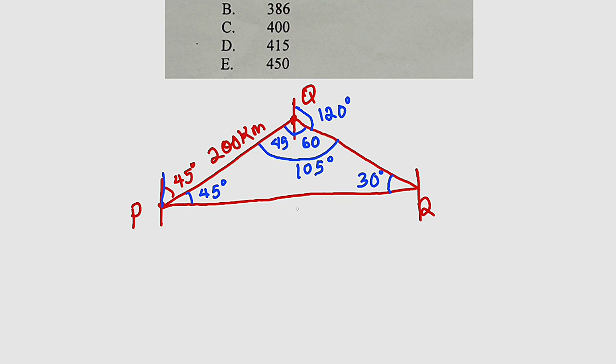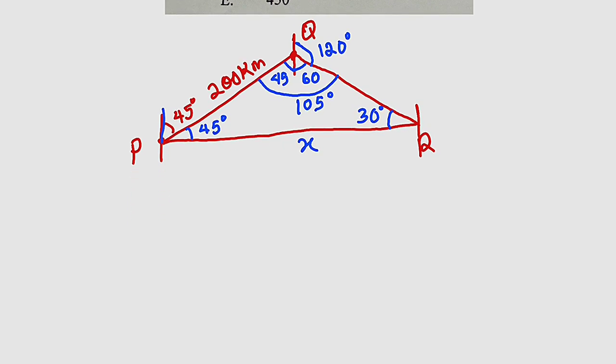All right, we need to find this side length. Let me call it X. By using the sine rule, we have X, that is the side we are looking for, divided by the sine of the angle opposite to it, which is 105. Then this must be equal to, since we have this side length, we can use it, 200 divided by sine of 30. And from here, we can cross multiply.